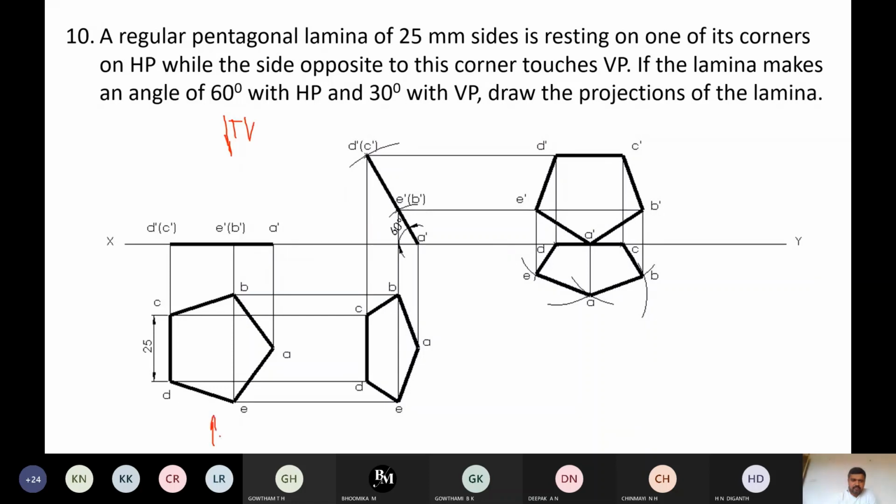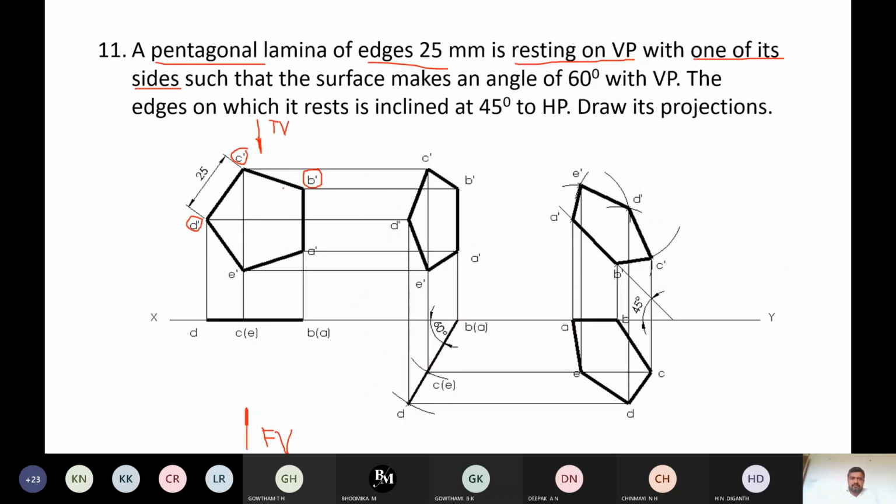The observer will be looking from this direction. Now A, E and D are the three corners nearer to the observer, and they are visible, whereas B and C are invisible. Similarly here, these three will become visible since it is top view, and these two will become invisible.